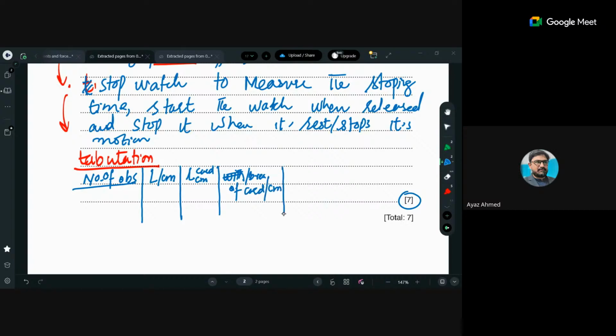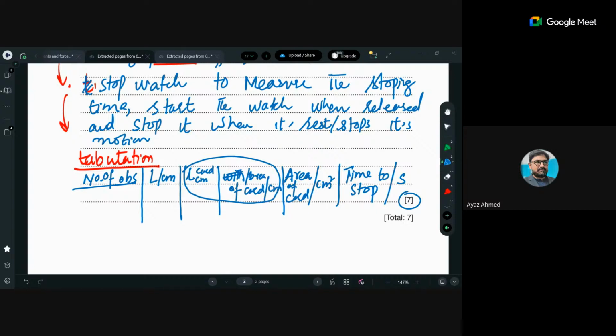Or if you don't write that, because these are the measurements taken, we usually mention measurements over here. Or you can say the area of card or sheet in centimeter square, then time to stop in seconds.